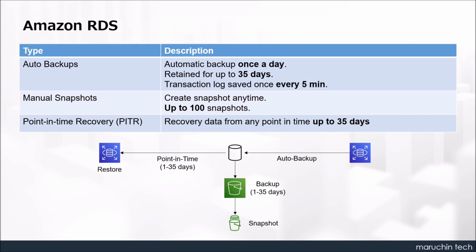However, if your RTO, recovery time objective, is less than 5 minutes, promoting a read replica to a primary instance may be faster than using point-in-time recovery. Restoring from a backup typically takes anywhere from a few minutes to tens of minutes. Since read replicas are synchronized with the primary instance in near real time, recovery can be much quicker.